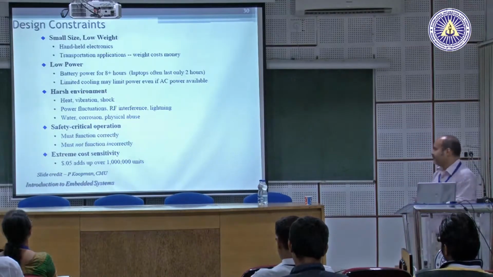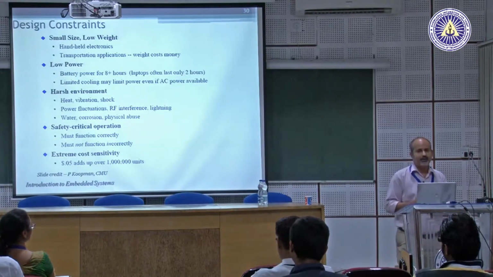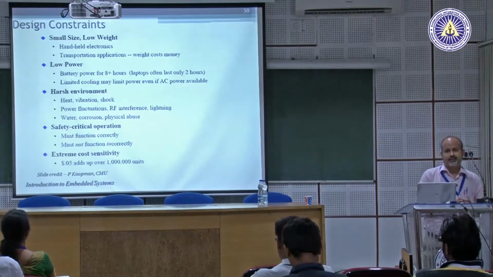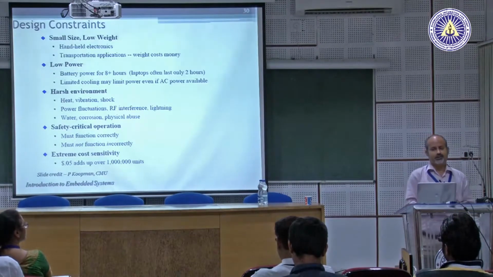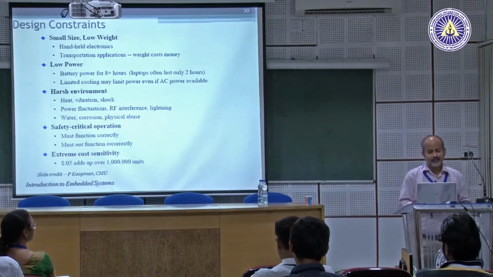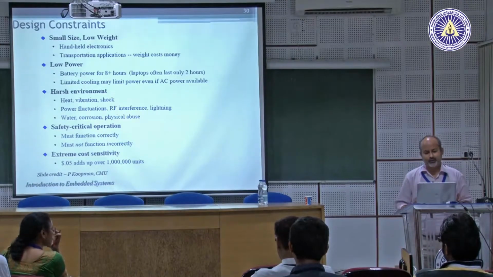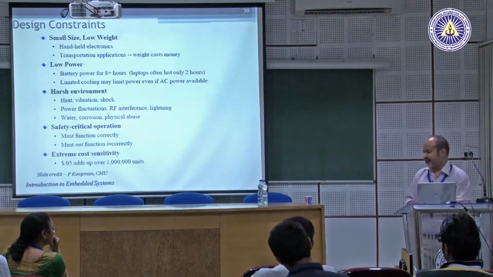So when we design embedded systems, we have to consider several things, right? One thing is functionality. So we say, okay, I want to control this system. Here is how I am getting the sensor inputs, and here is how I am going to be actuating certain things, and then this is what my computation is, right? If I am going to do a PI control, then I will do certain types of computation. If I do some other kinds of control, I'll do that kind of computation.